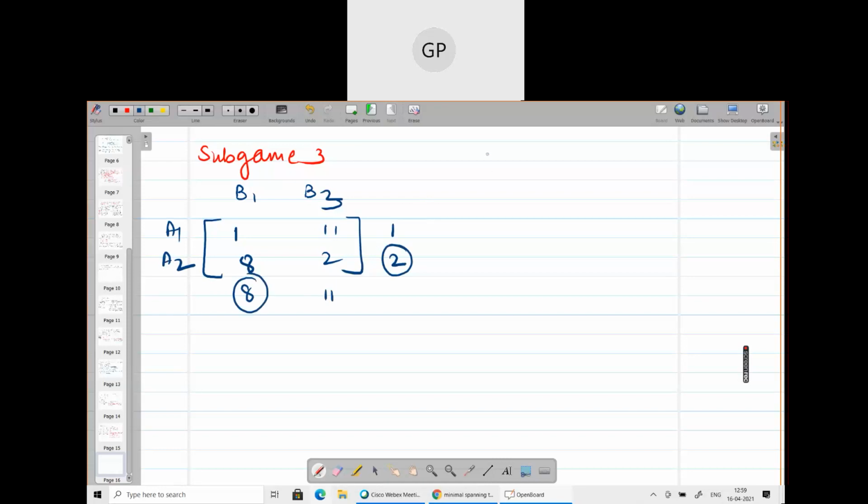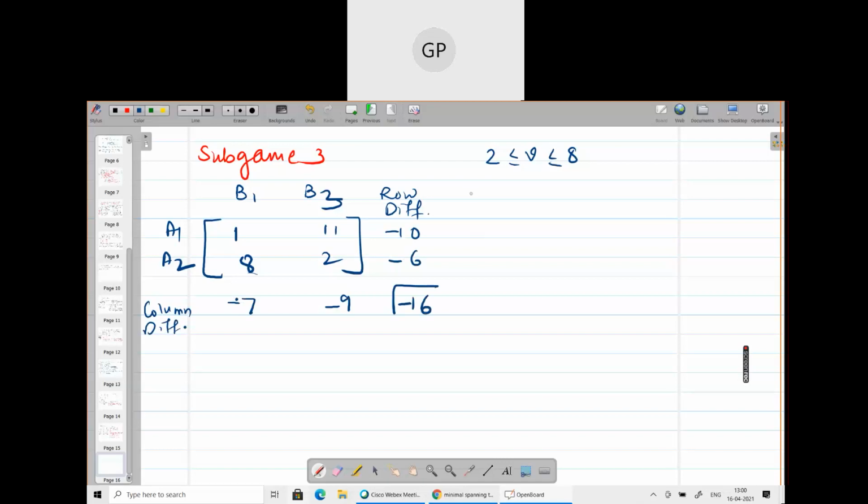So the value of the game lies between 2 and 8. Yes. Row differences. Can anyone tell me the row differences? -10, -6. Here column differences -7, -9. So the total is -16.